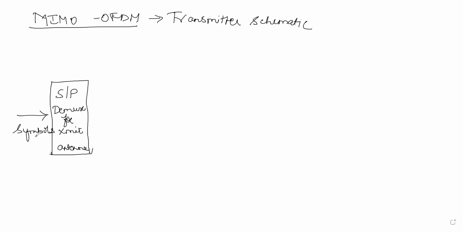Further, if you have N antennas, then these symbols go through another serial to parallel demux.